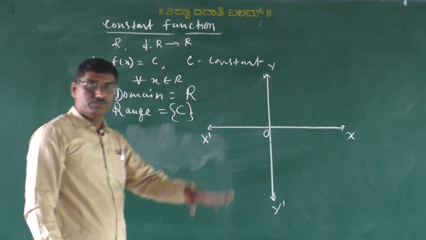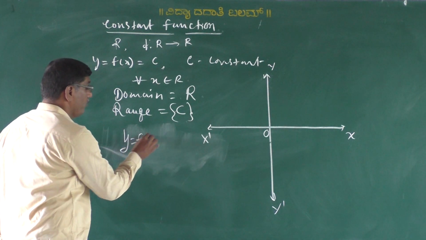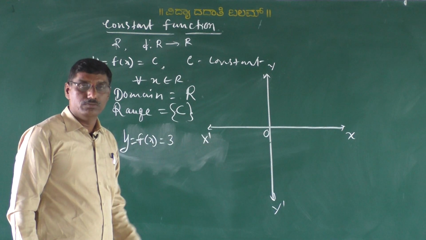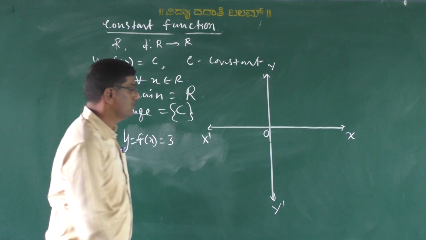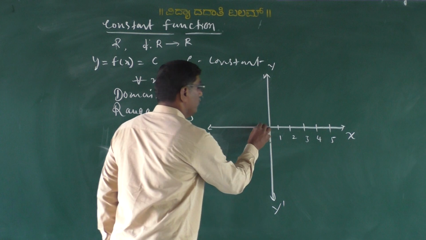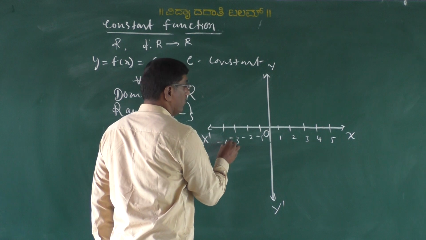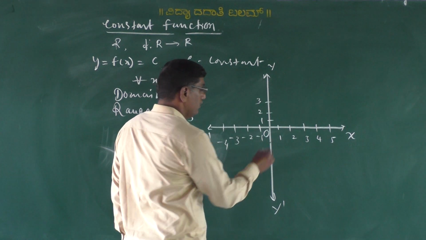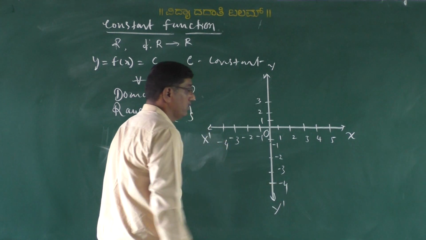If I consider the constant function y equals f of x equals 3, now we are going to draw its graph. Here are 1, 2, 3, 4, 5, and minus 1, minus 2, minus 3, minus 4, and so on.